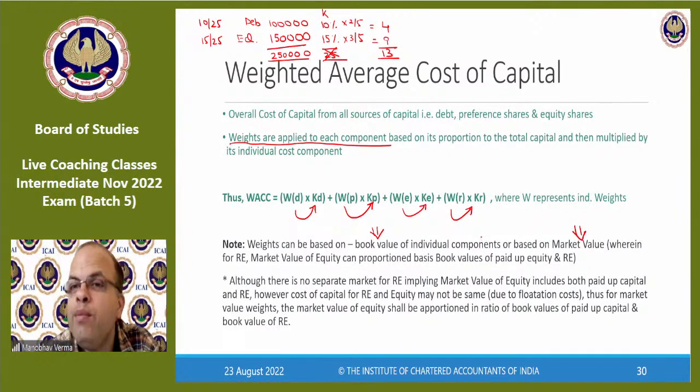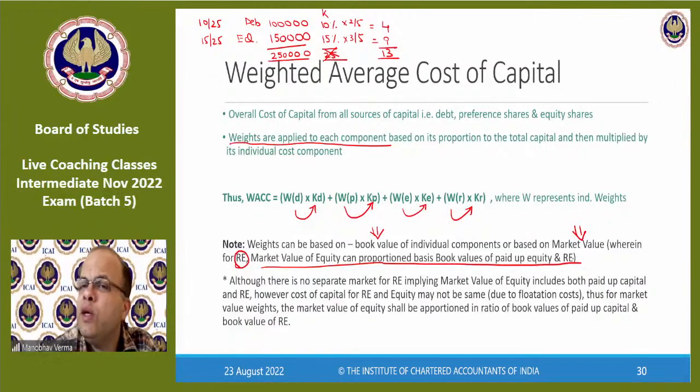Now, one important point, please mind this fact, very important: when they give you the market value of the equity, retained earnings is included therein. So market value of the equity doesn't mean that it's only for equity share capital. It includes equity share capital and retained earnings, guys. In that case, market value of the equity can be apportioned based on the book values of equity and retained earnings. I will share an example for this though.